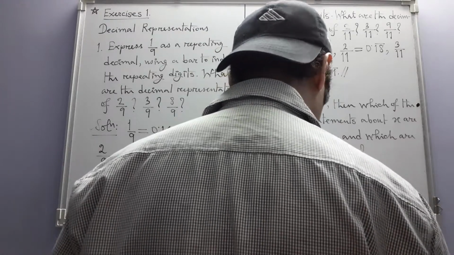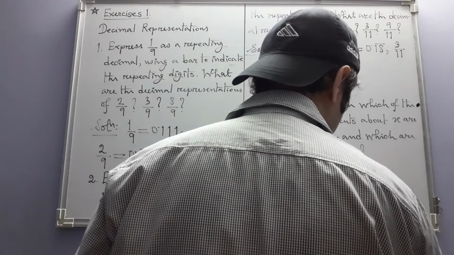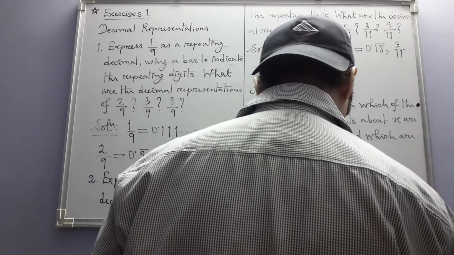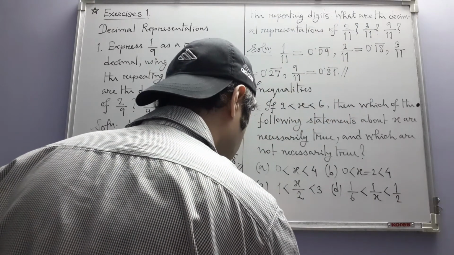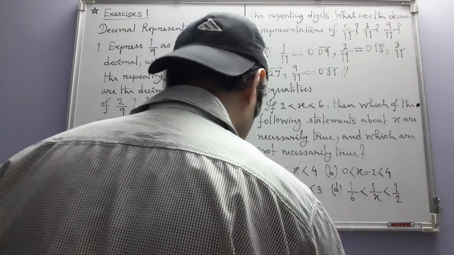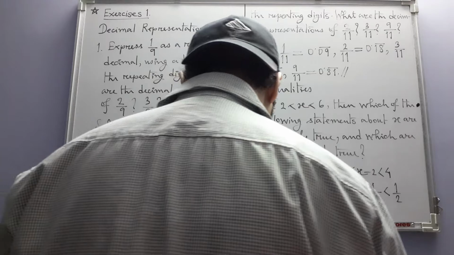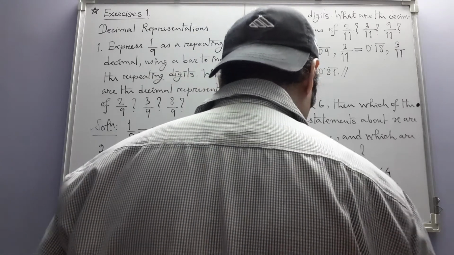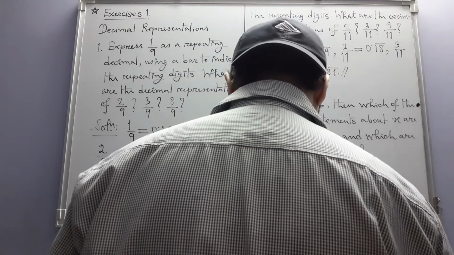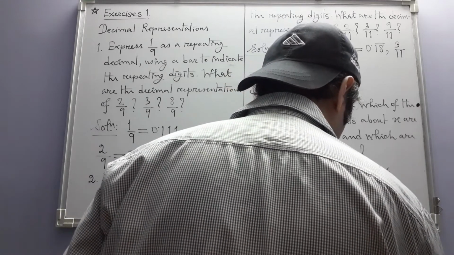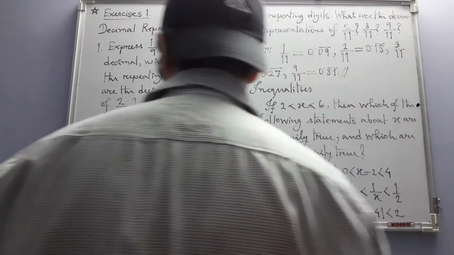Then D, 1 upon 6 is less than 1 upon x, which is less than 1 upon 2. E, 1 is less than 6 by x, and that is less than 3. F, the absolute value of x minus 4 is less than 2. There are even more.